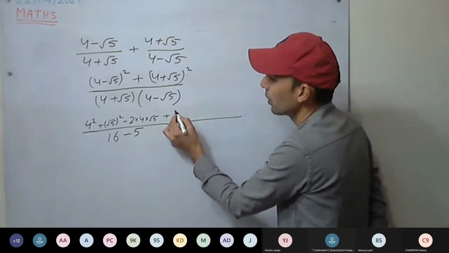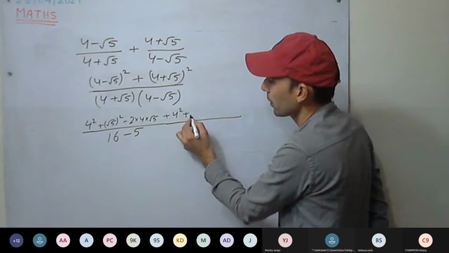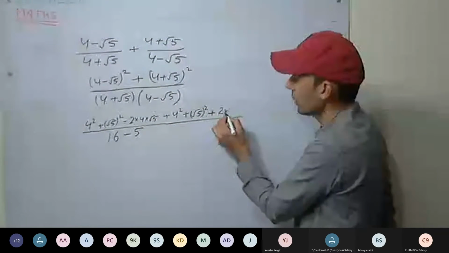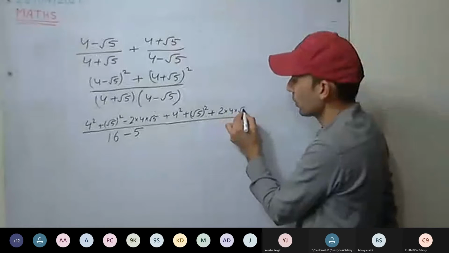And this side, 4 square plus root 5 square plus 2 into 4 into root 5.